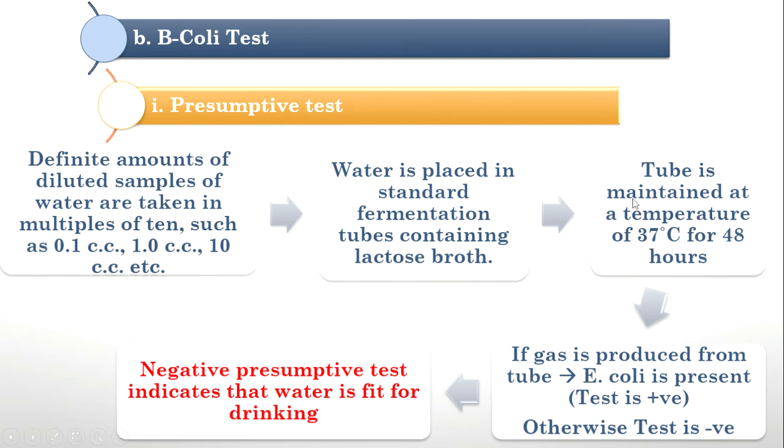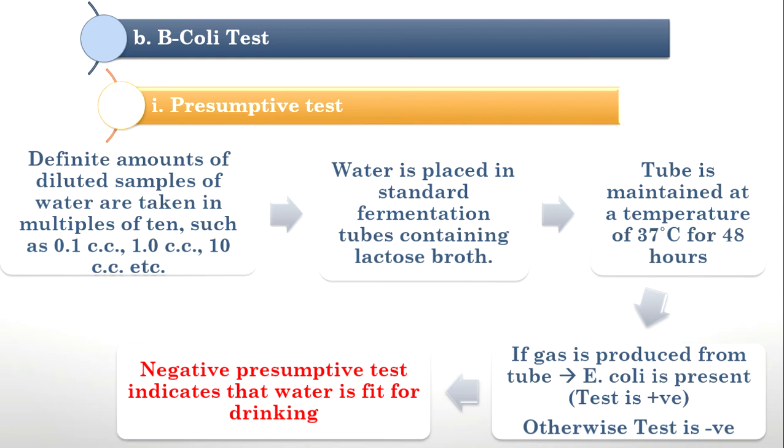After this period, if gas is produced in the tube, then we can say that the test is positive and E. coli bacteria is present in it. Otherwise, the test is negative. A negative test tells us that the water is fit for drinking. This is about the presumptive test.